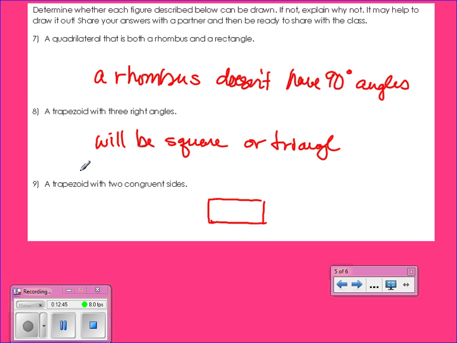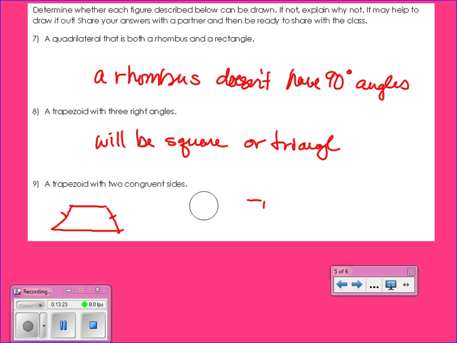Okay? What if we drew a pair of parallel lines, and then what, Julia? You could do it like that too. So there's a couple of different ways that we can do it. We can do it if these 2 lines at the end are congruent, like this, a standard trap.